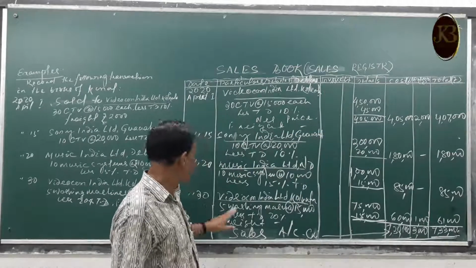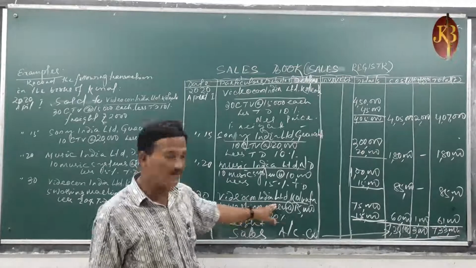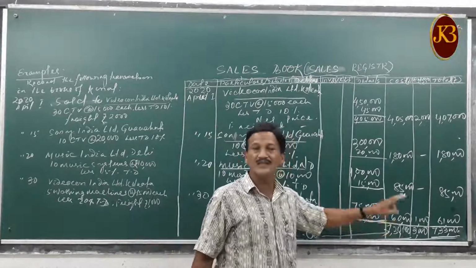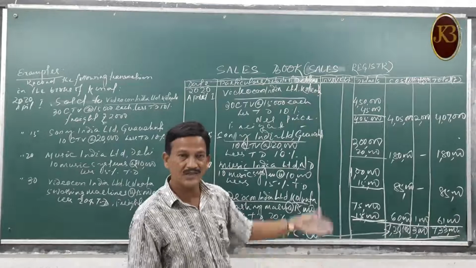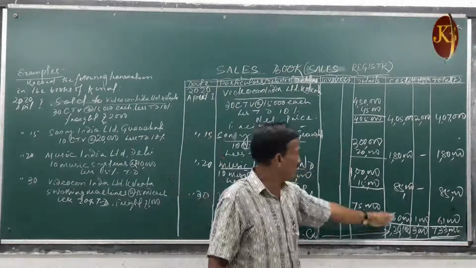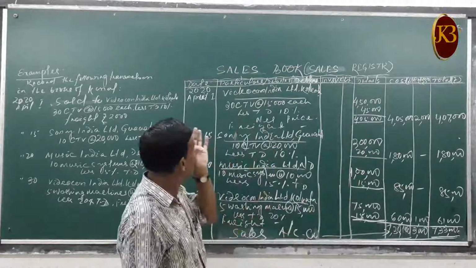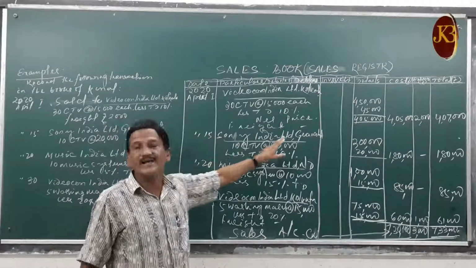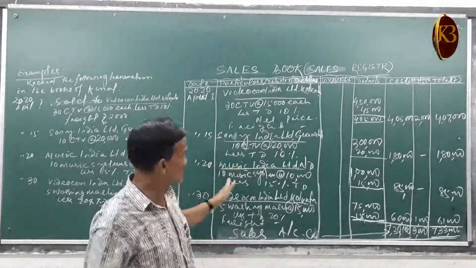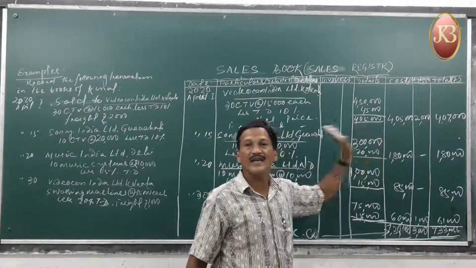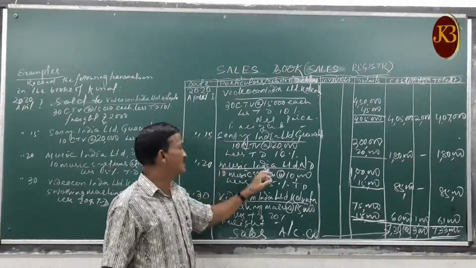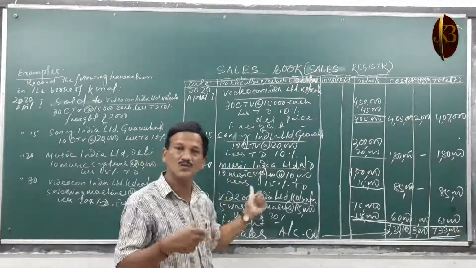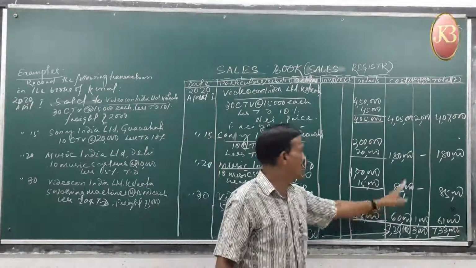Then again April 30, Videocon India Limited, sold 60,000, so to sales 60,000 on April 30. Total is 4,65,000. Then April 15, Sony India Limited, debit side you write to sales account, that is 1,80,000. Then Music India Limited, debit side you write to sales account, that is 85,000.